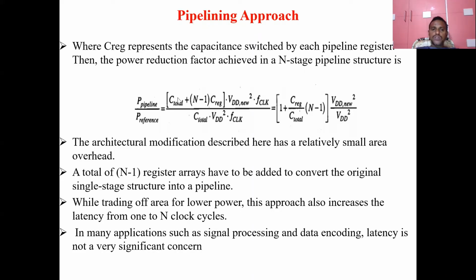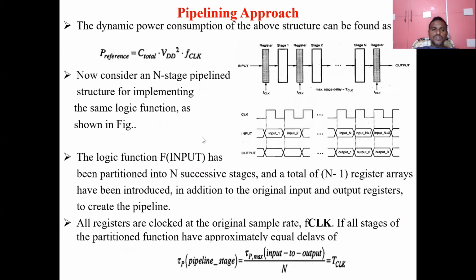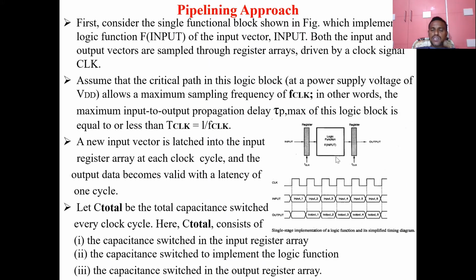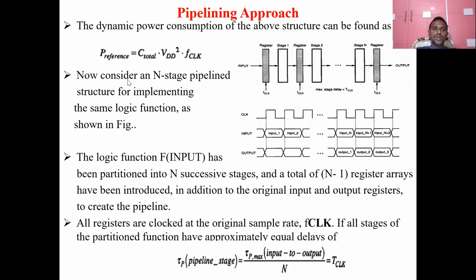So here, C total, the total capacitance, plus n minus 1 C registers, multiplied with VDD new square f clock, divided by C total VDD square f clock. If you observe, the reference stage is the single stage, so its power consumption P reference is equal to C total multiplied with VDD square and f clock.